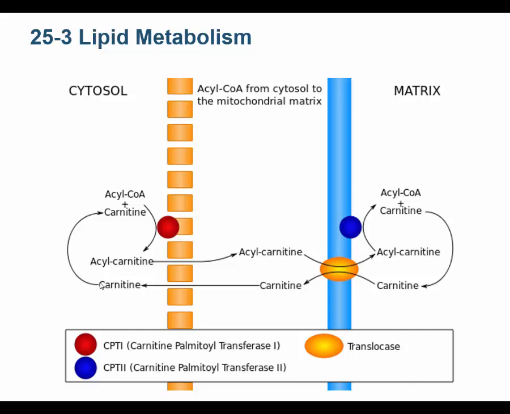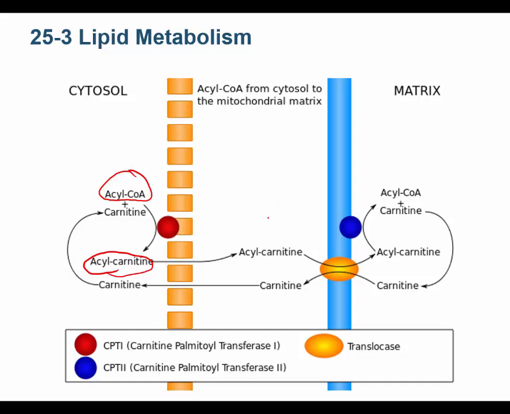So first of all, I have the fatty acid CoA. The fatty acid is attached to a coenzyme A, and it's called an acyl-CoA. Well, what happens is a carnitine molecule replaces the CoA, and I get an acyl-carnitine. This is transported into the mitochondria.